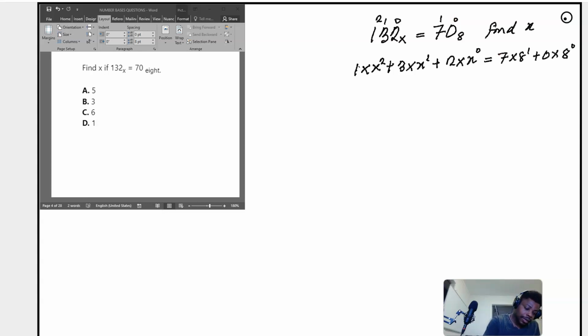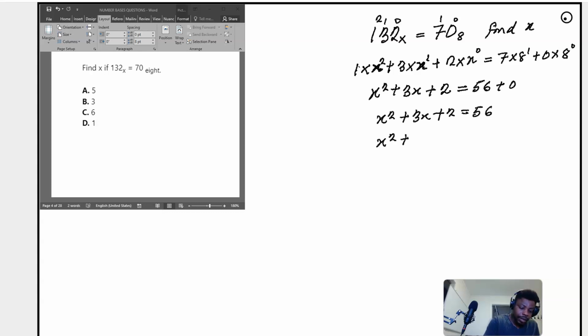So this is 1 times x squared. That is x squared plus 3x plus 2 is equal to 56 plus 0. So x squared plus 3x plus 2 is equal to 56.